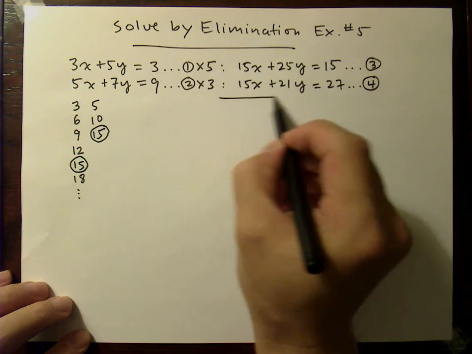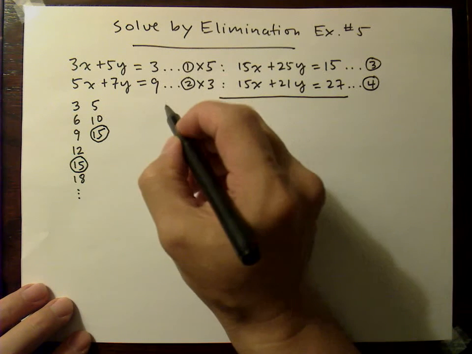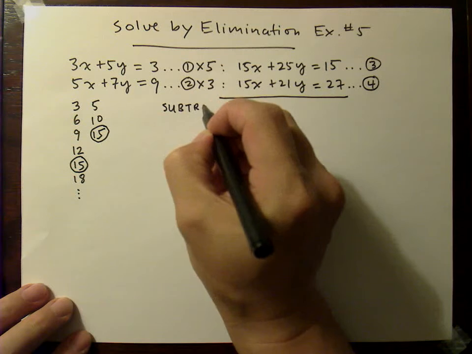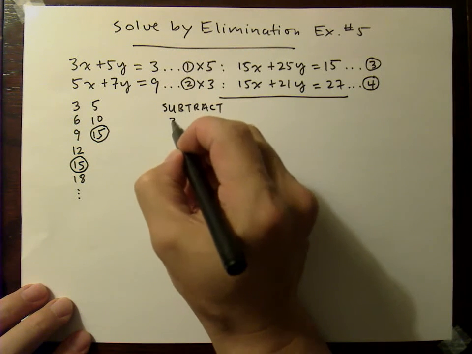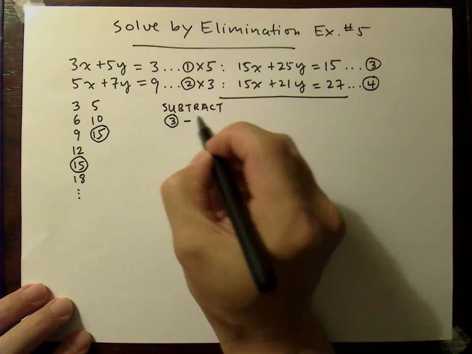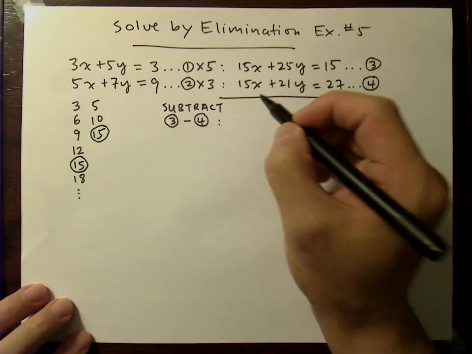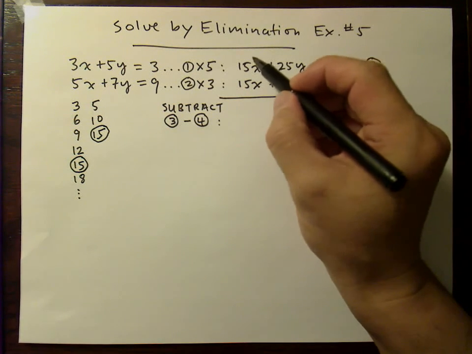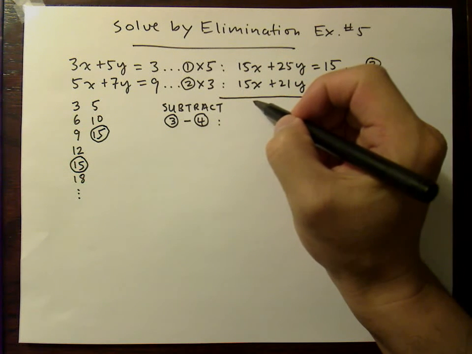Now, I'm going to draw a line underneath this because instead of adding, we are going to be subtracting. In this case, what we will be doing is taking equation 3 and subtracting equation 4. Now, why didn't we add this time? Well, let's take a look. If we add the 15x and the 15x, we would get 30x, and we wouldn't be eliminating the x terms.